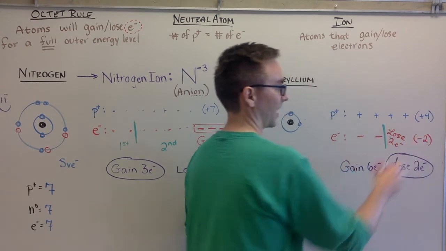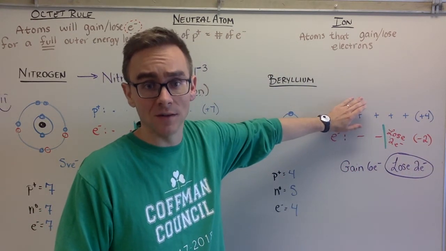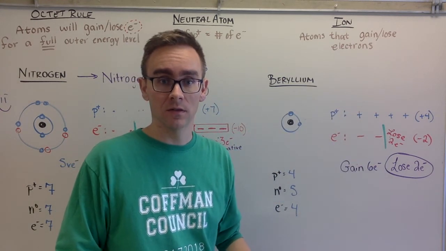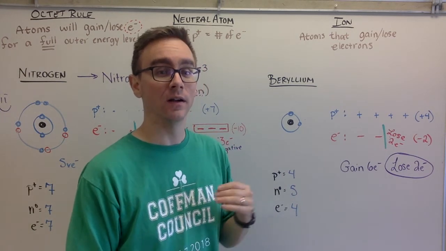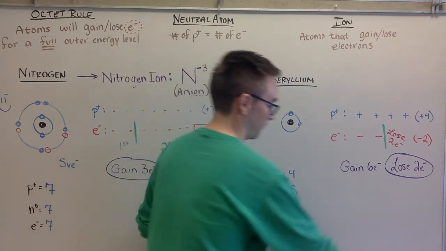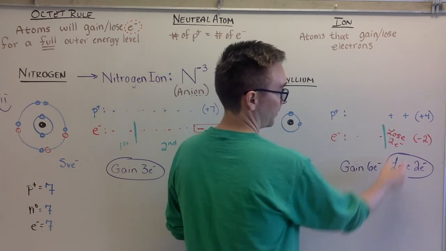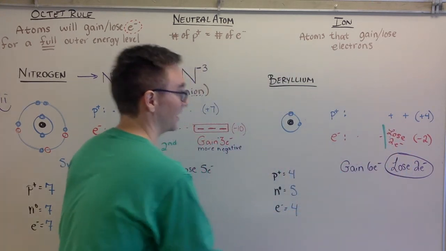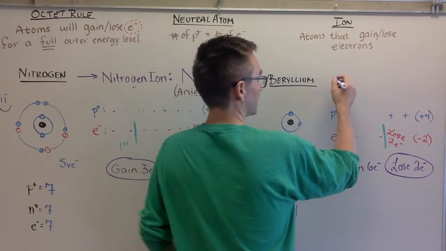All right. I am now more positive than I am negative. Notice, I did not add protons. After I'm drawing these, I'm not adding protons. What I am doing, though, is taking away and adding electrons. All right. So I can cancel out those charges. I am now more positive than I am negative. So what I've just created, since I gained or lost electrons, is an ion.